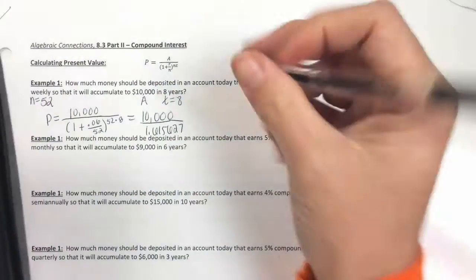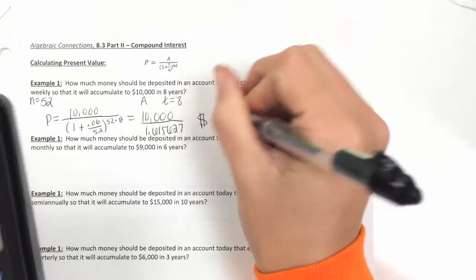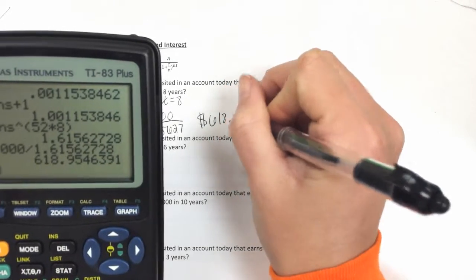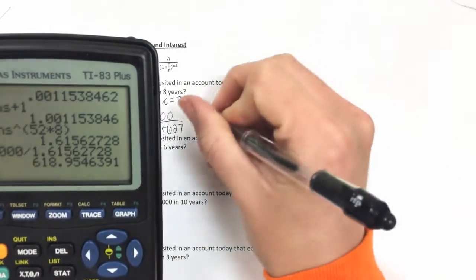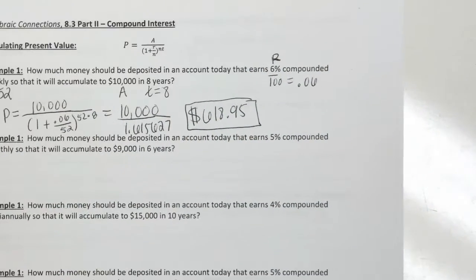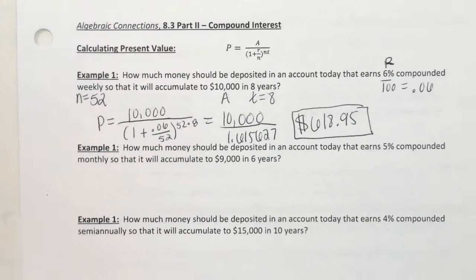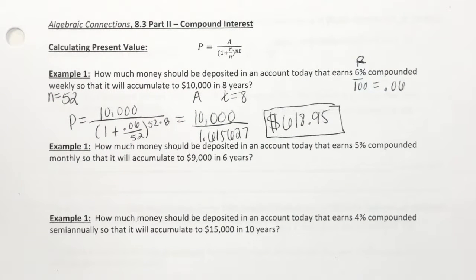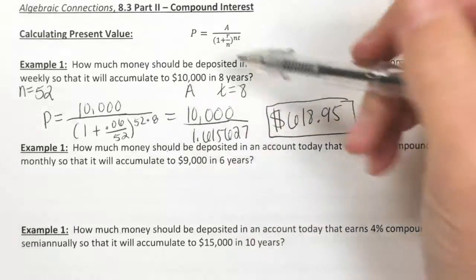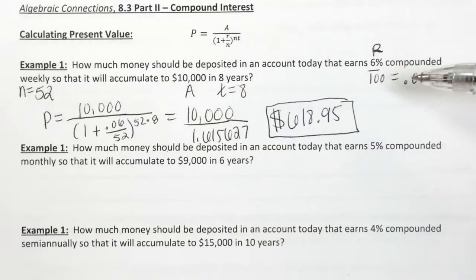And that is going to give us a present value of $618.95. Okay, let me zoom back in. So that would be the amount we'd have to deposit in our account today in order to earn this much in 8 years compounded weekly.